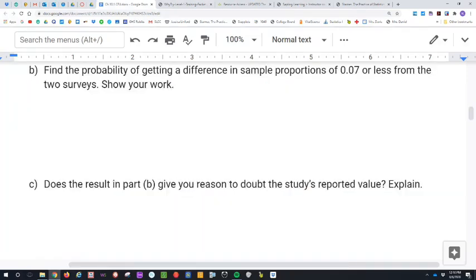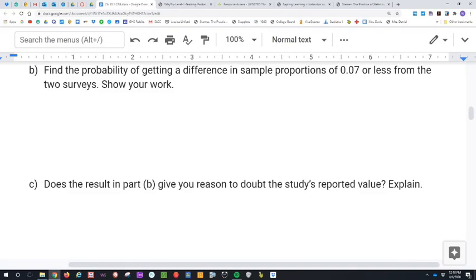All right, part B: find the probability of getting a difference in sample proportions of 0.07 or less from the two surveys. Show your work. So what does that look like for you?